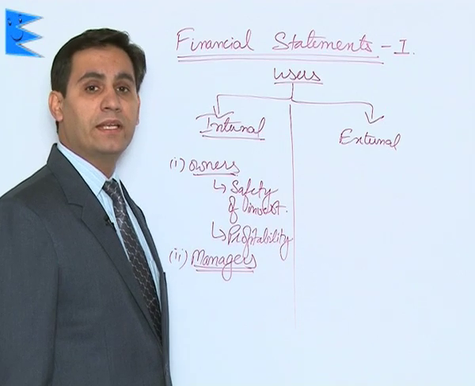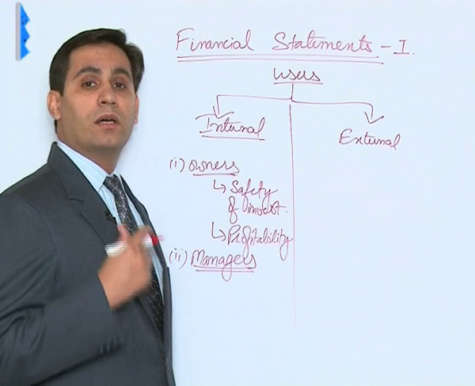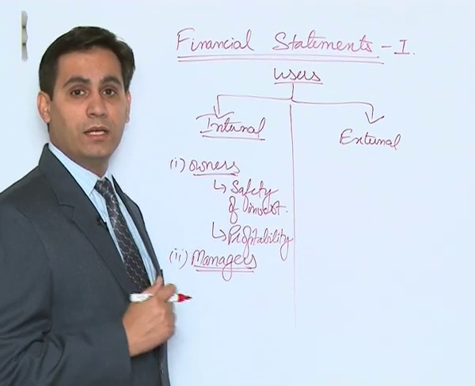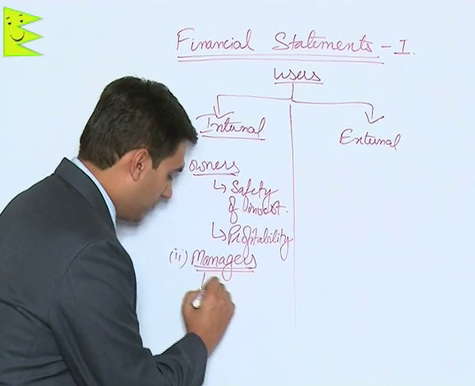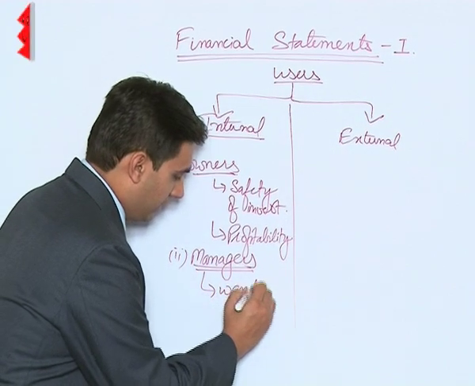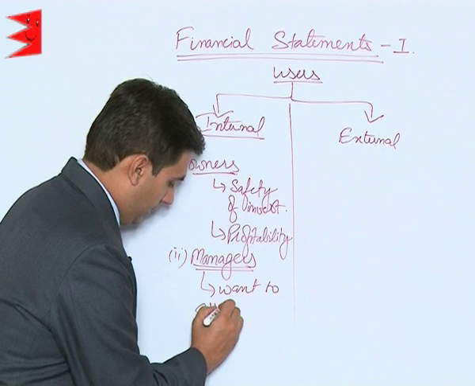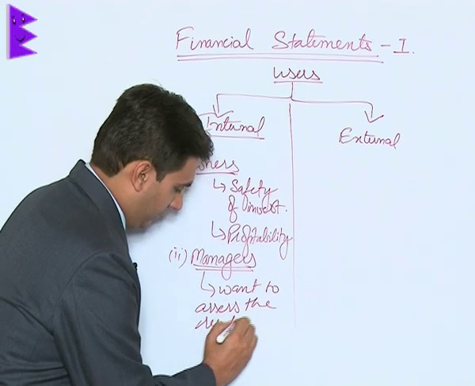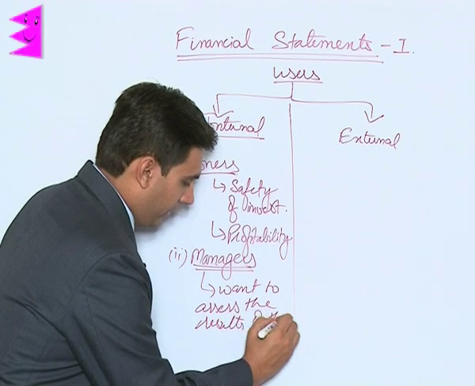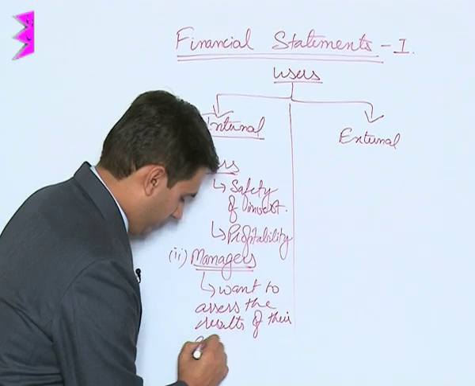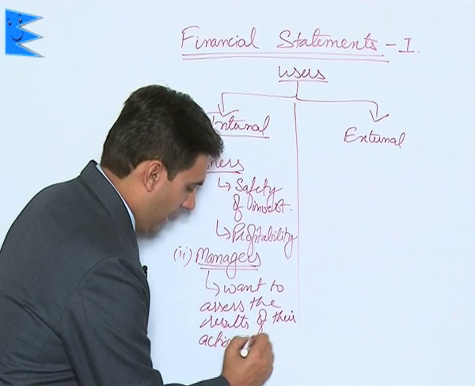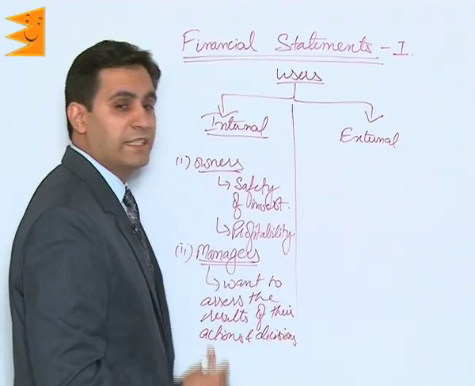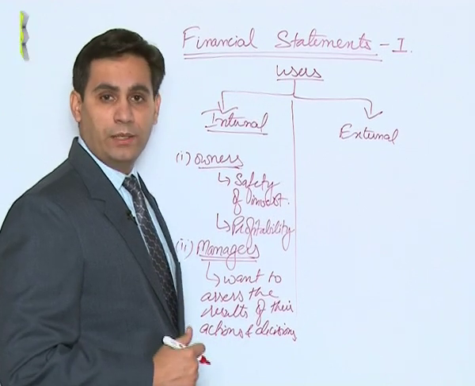Managers are interested in getting the result of whatever they had decided or whatever they had planned. So hence they want to assess the results of their actions and decisions, or broadly we can say that they are interested in the performance of the business.